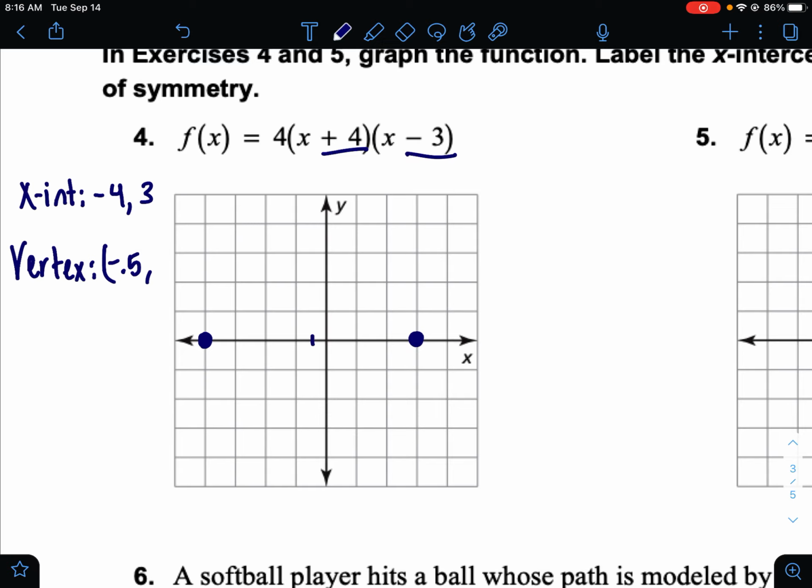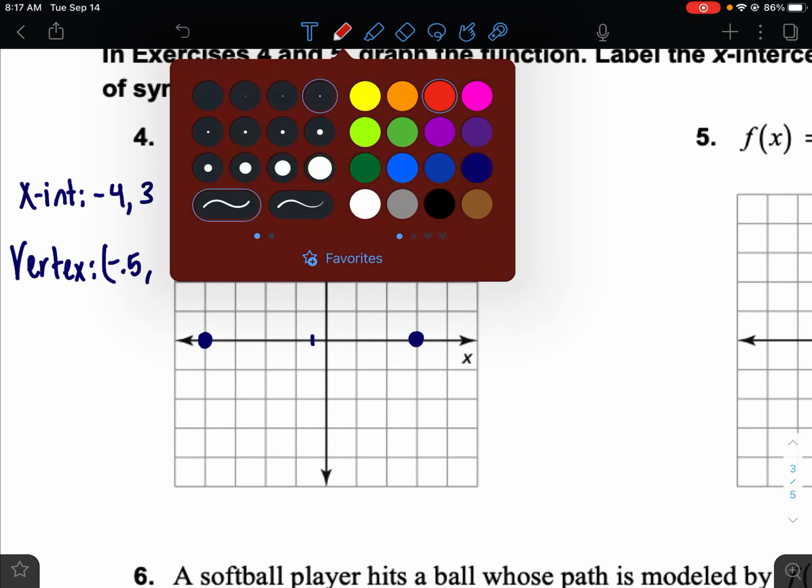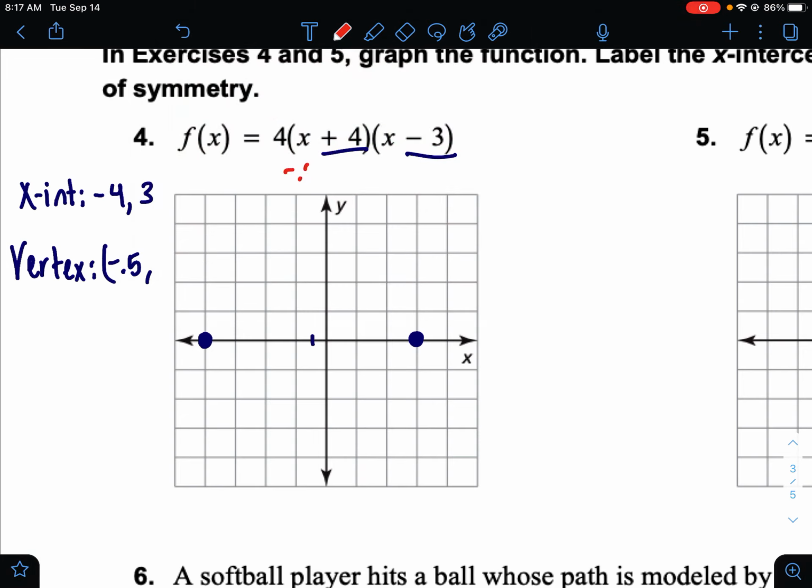So I didn't even need to do any formula. By knowing the x-intercepts, I can just cut those in half and find the x value of my vertex. And then I can do exactly what I just did in the previous problems. By simply plugging this in, I can find the y value. So I'm going to plug in my negative 0.5 for x here and then solve.